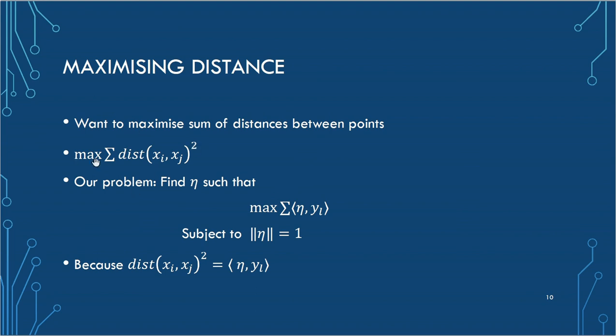We can sum up all the distances and say that in this direction the sum of the interpoint distances is maximized, and we put a constraint that the length of eta is 1. So we can do that.